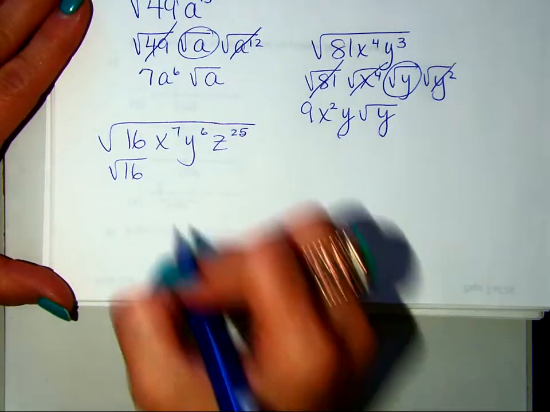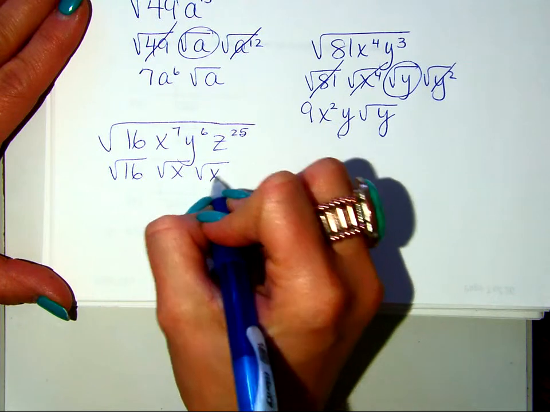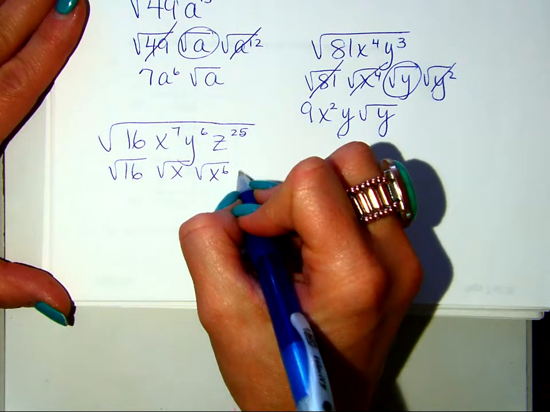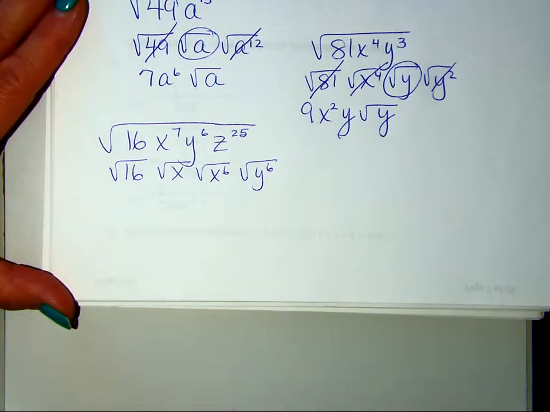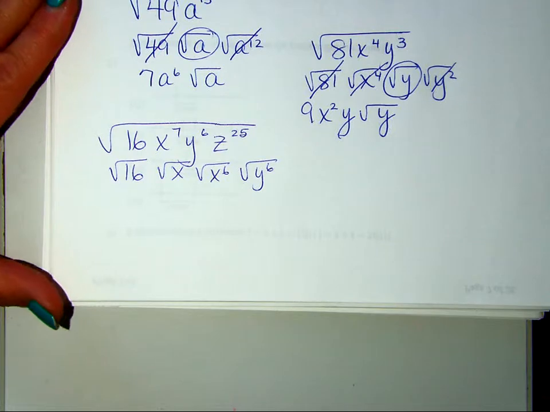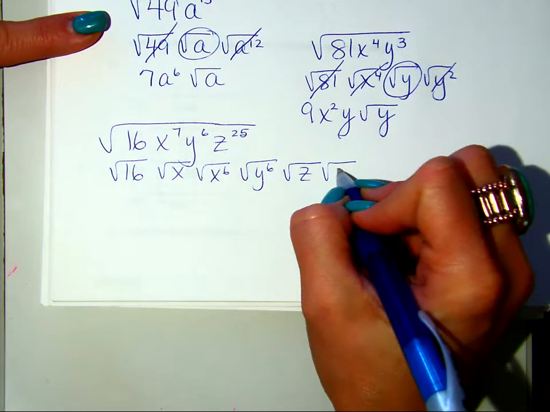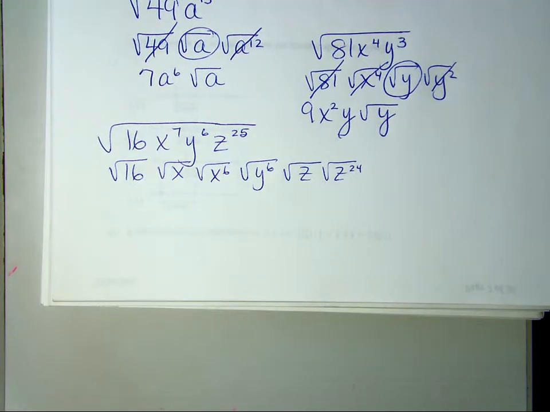Don't pull that 4 out just yet. x to the 7th gets broken down into x and x to the 6th, right? Y to the 6th is okay as it is, so it's just going to come along for the ride. And then z to the 25th is a z times a z to the 24th. And I purposely put that 25th because I wanted to tempt you to take out and make it a z to the 5th. So hope you weren't thinking that, right?